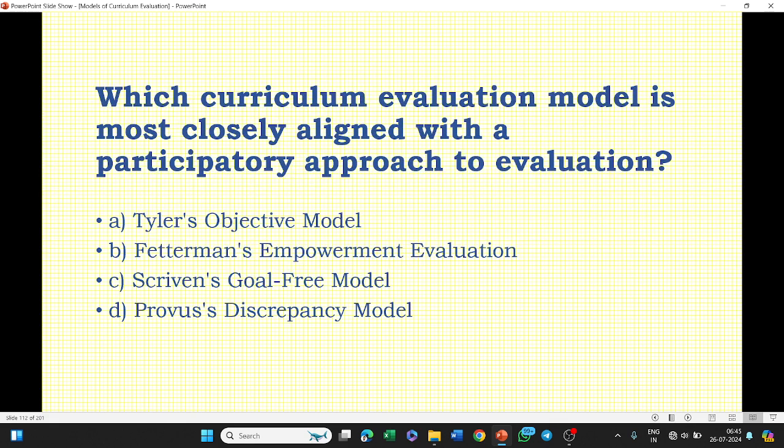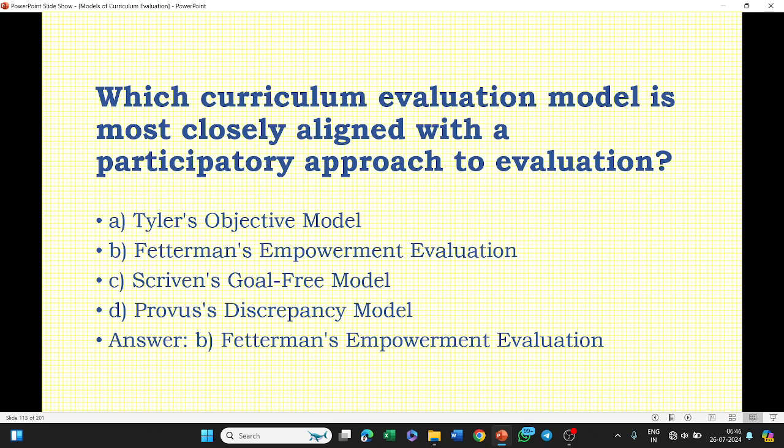Which curriculum evaluation model is most closely aligned with a participatory approach to evaluation? Options: Taylor's objective model, Fetterman's empowerment evaluation, Scriven's goal-free model, Provus's discrepancy model. Answer of this question is option B, that is Fetterman's empowerment evaluation.